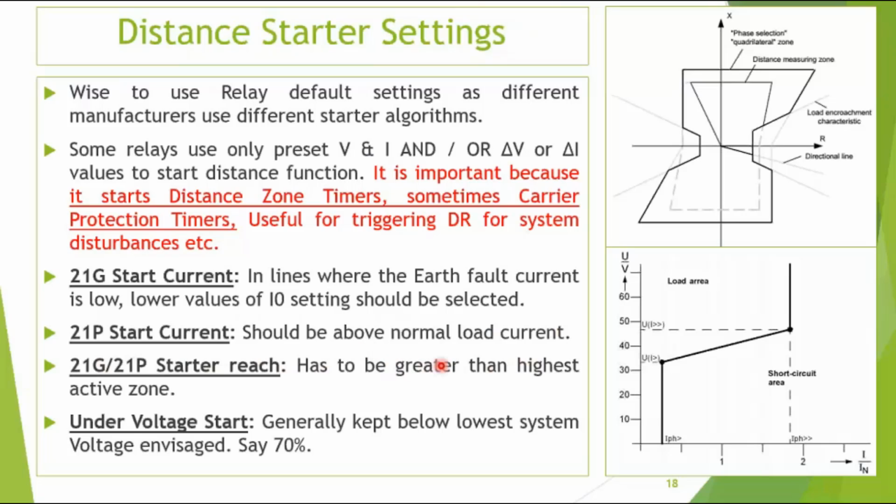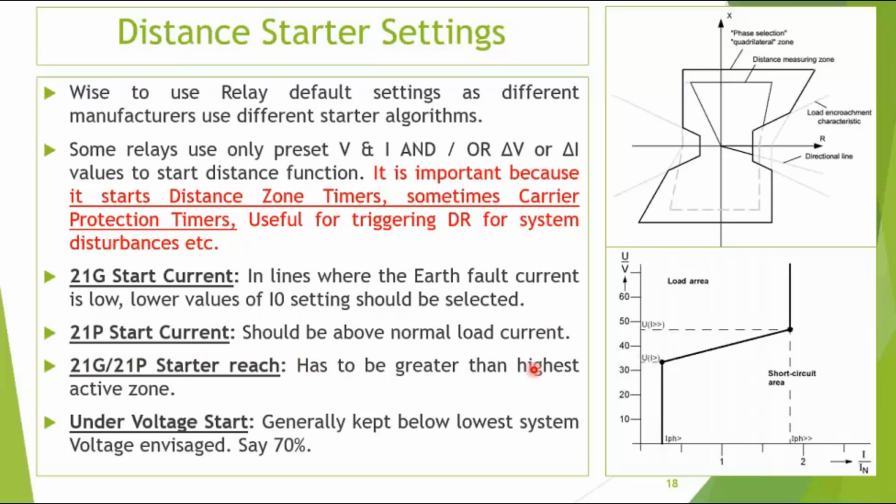Suppose my zone 3 or zone whatever is active. In Areva nowadays you have so many zones, 5, 6 zones. Areva does not have a starter directly, it has some default starters. In the Areva 442 I'm talking about, 21G, 21P under impedance starting, then we have to keep the starter zone greater than the highest active zone.